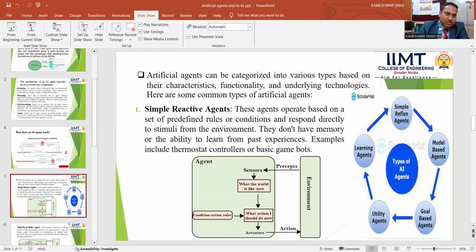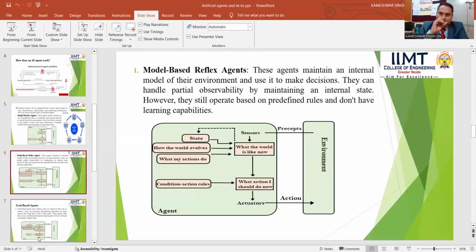So what are the model-based conditions? Here are the model-based conditions. It first searches whether some elements are present in the room or not. And if anybody is present in the room, do they want the AC or not?